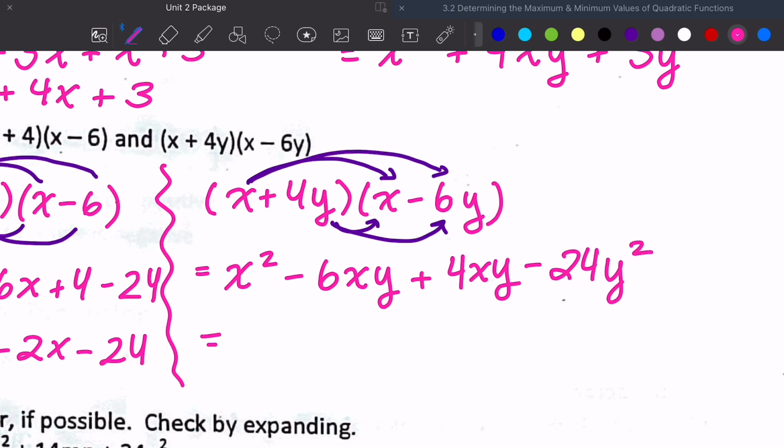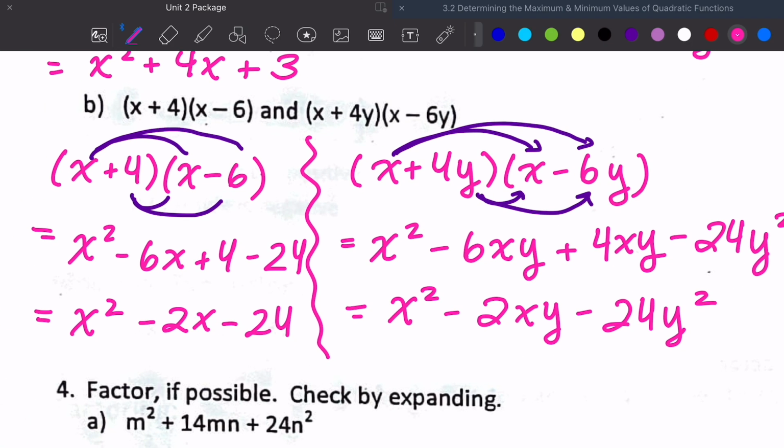Right? And then combining these 2 middle terms, I can put them together. They're alike. This is going to give me minus 2xy minus 24y squared. So even if we just compare, same numbers in front, same coefficients, that vocabulary word again, just y's attached to the middle and last term. So that's the only difference.